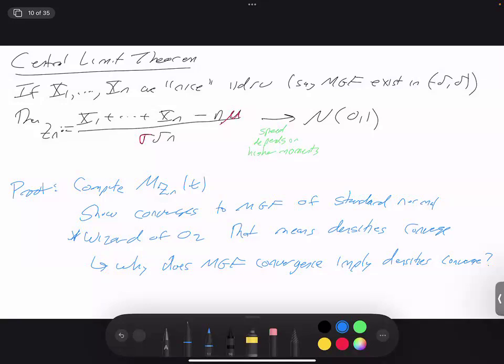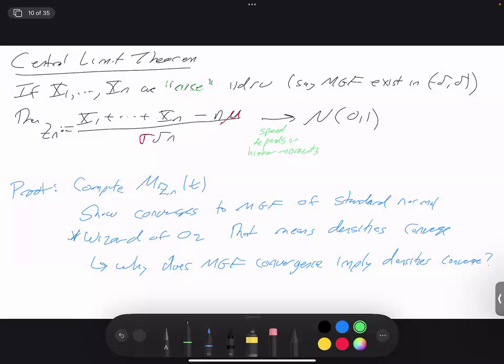It's possible that that could happen, and that's why you use technical terms like nice. Nice is basically whatever you need to justify. So if you assume that the moment generating functions exist in a neighborhood about the origin, that's a very strong assumption. That's not always going to be true.